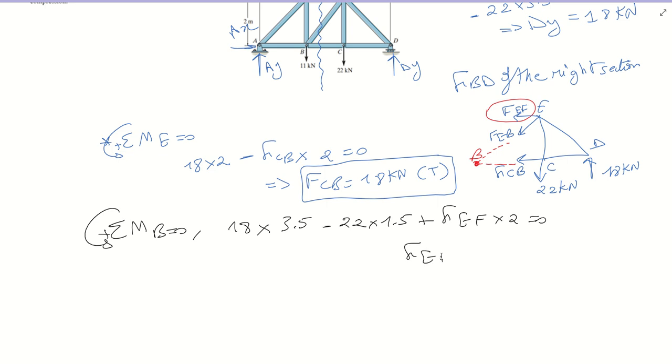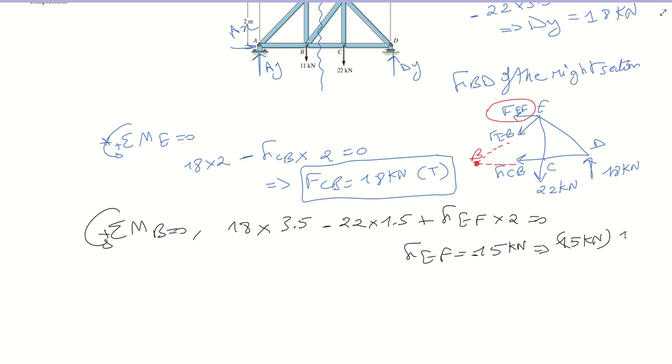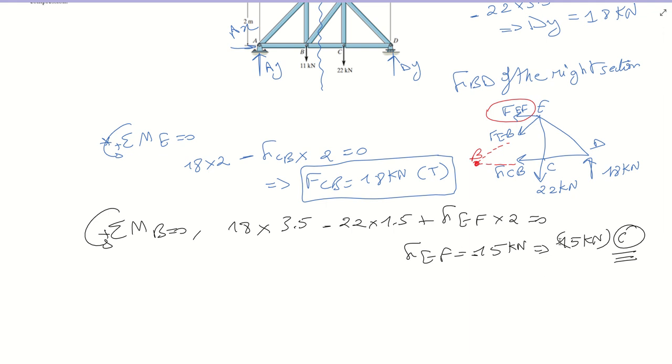So I will get FEF is equal to negative 15 kilonewton. So I can say that it is equal to 15 kilonewton and it is in compression, because it's opposite to what I have assumed here as a tension. It's negative, so it should be the opposite, so it's in compression.